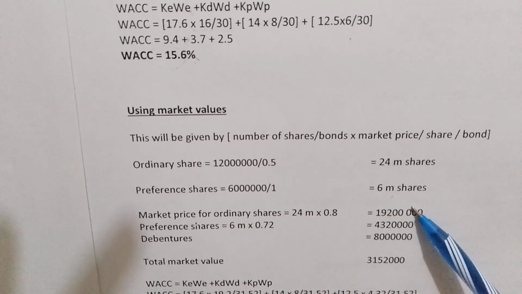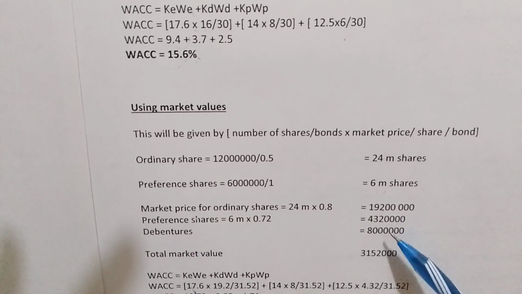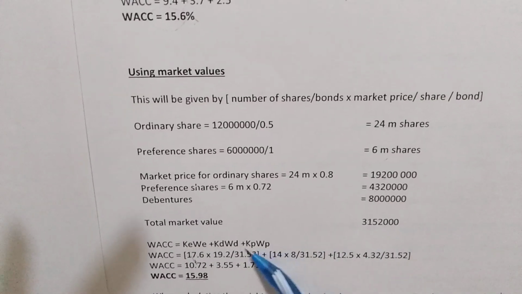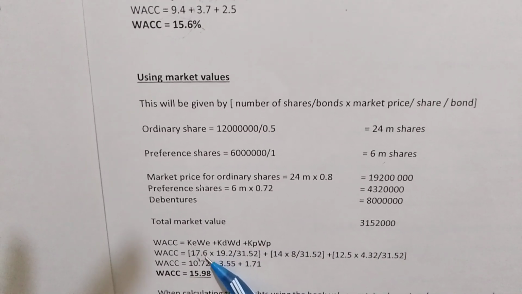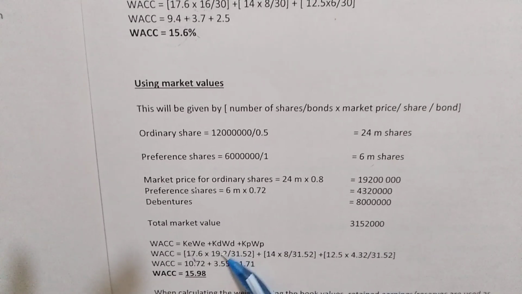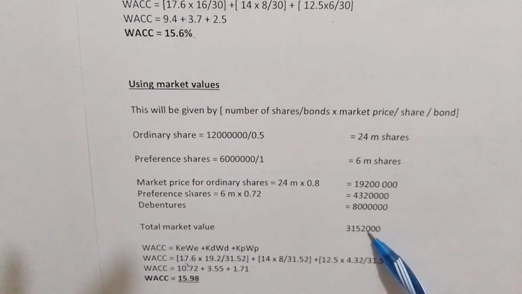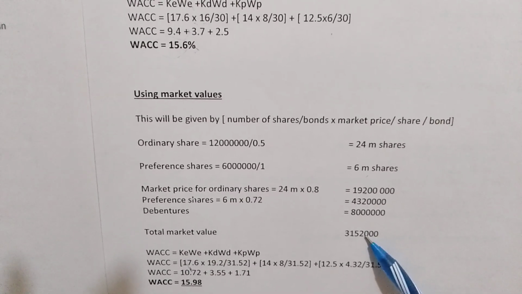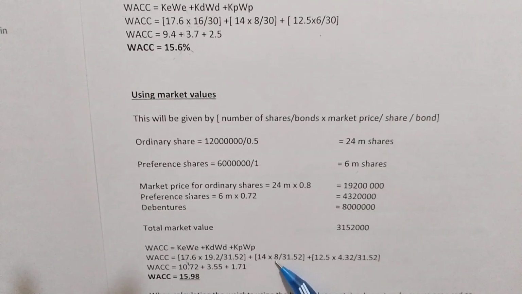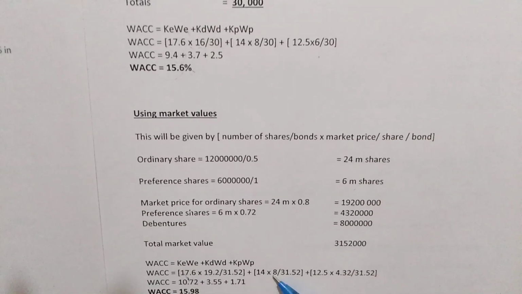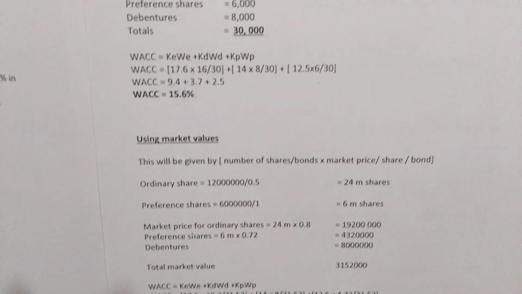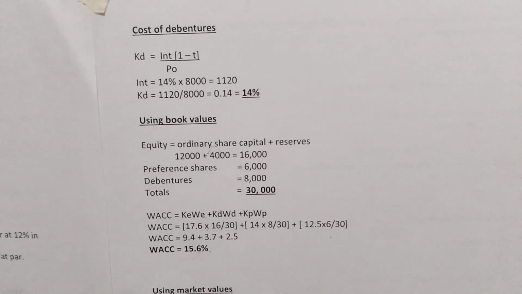So we have this figure here, you have done that, so we have here cost of equity 17.6 times weight 19.2 over that 1.5 plus KD. KD, we got cost of debt, we had calculated that. We got 14.